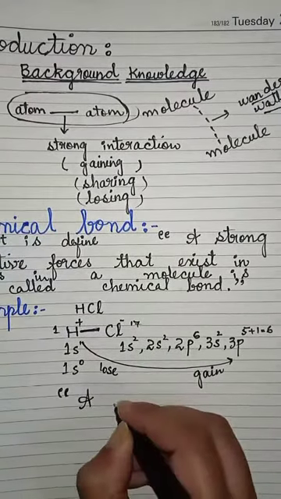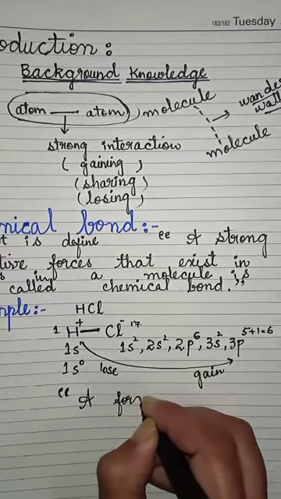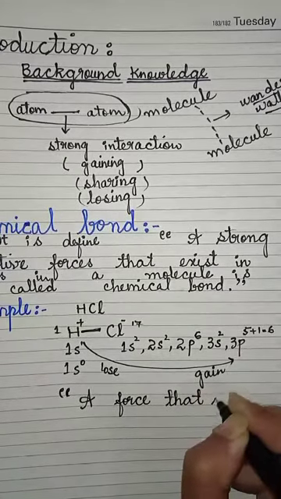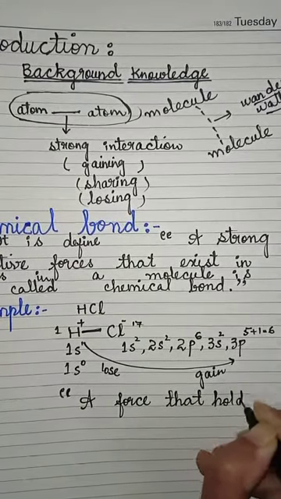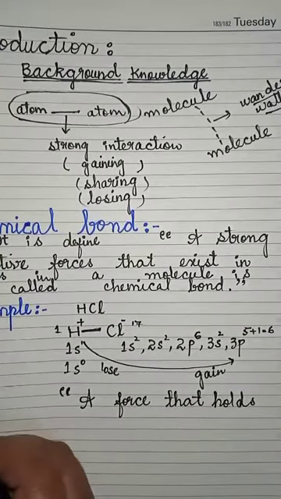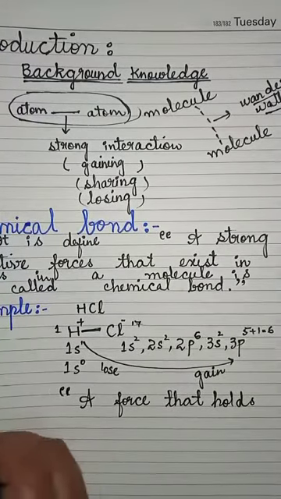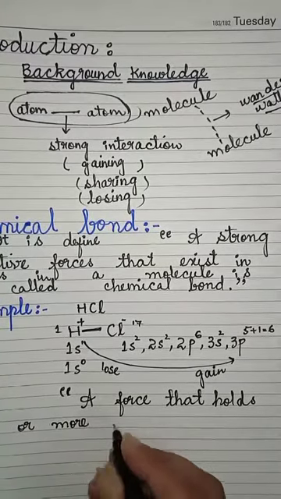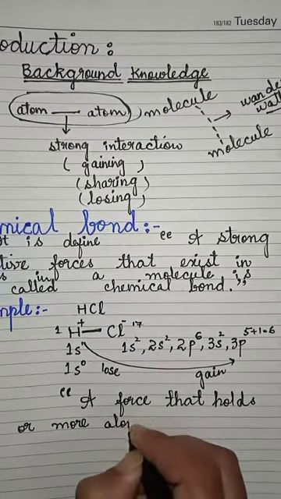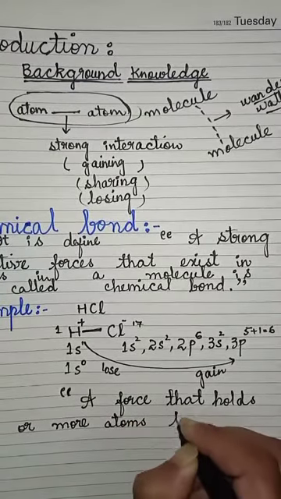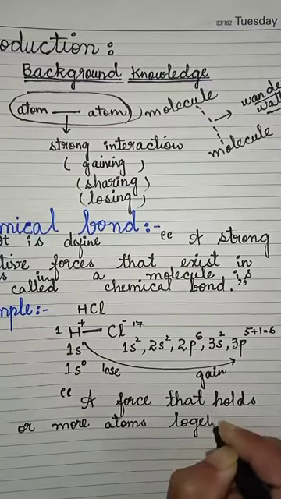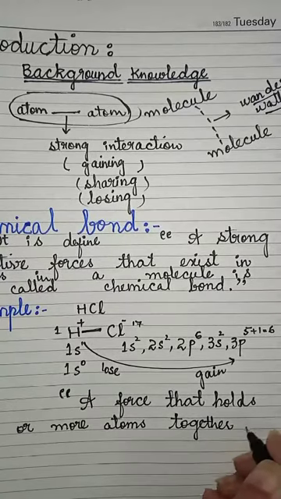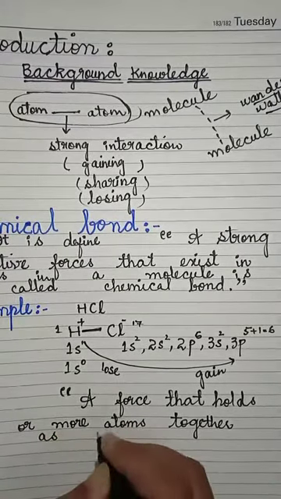A chemical bond is a force that holds two or more atoms together, right? And in this way they form a stable molecule.